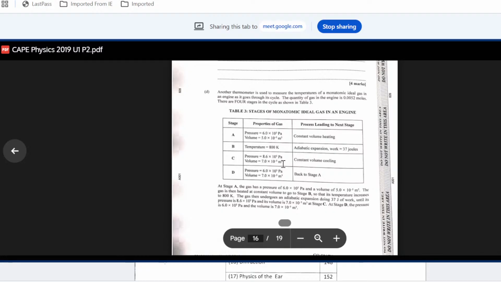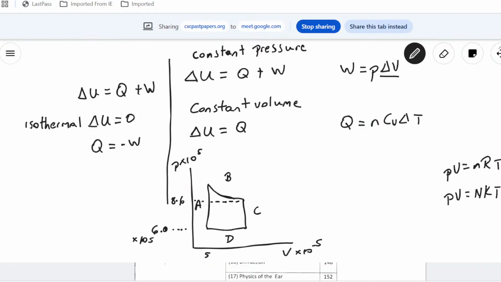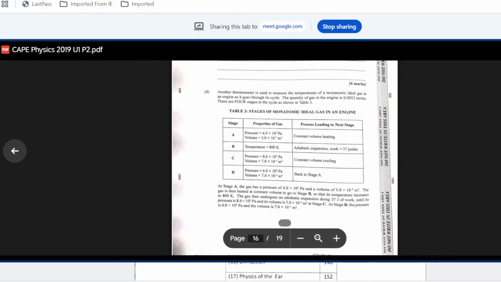Or where the pressure stops at? We know where stage C stops because of where D starts. If we look at where D starts, it's with a pressure of 6 times 10 to the fifth.